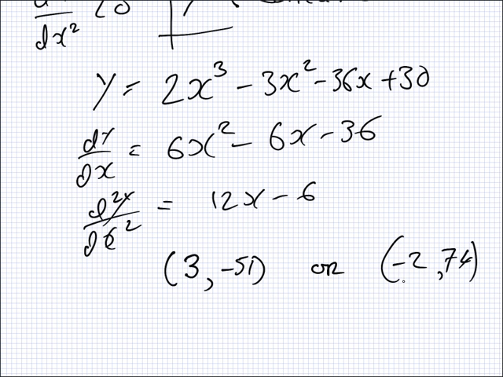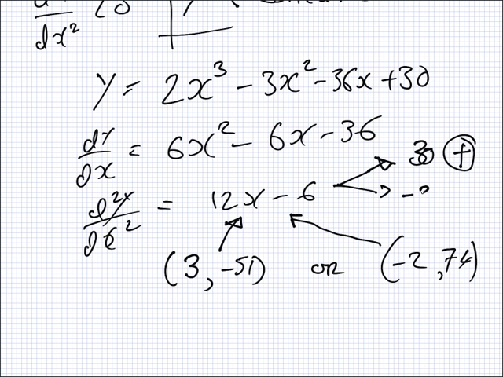So let's sub in this value, the 3, minus 51. If you put 3 in, you'll get 36 minus 6 is 30, which is a positive number. And if you put the minus 2 in, you'll get minus 24 minus 6 is minus 30, which is obviously a negative number.